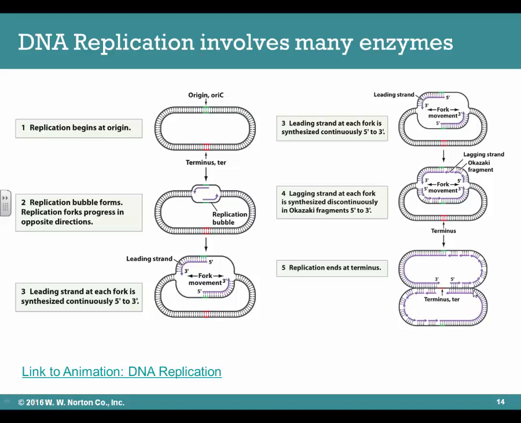And then the way that the cell can tell between the parent and the newly synthesized strand is important, because if any mistake is made along the way, it has to be able to tell which one was the original template strand, being the correct sequence, and which one is the strand with the mistake.